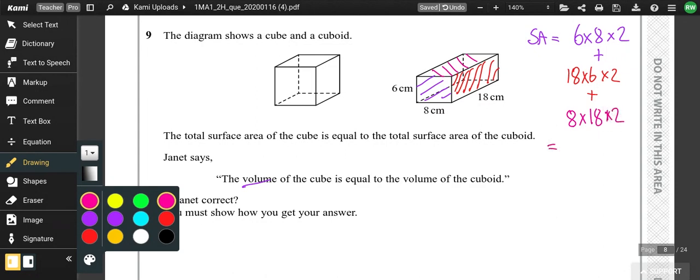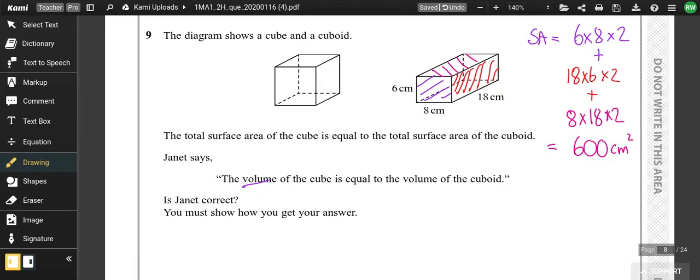So when we add all of that together, 12 times 8 plus 12 times 18 plus 16 times 18 is 600. So the total surface area is 600 centimeters squared for the cuboid, and we're told that the surface area of the cuboid is equal to the surface area of the cube.